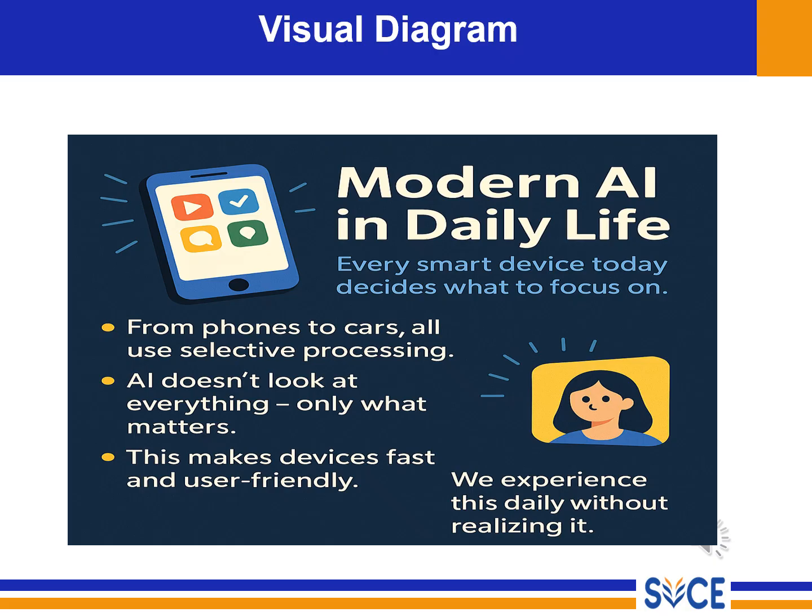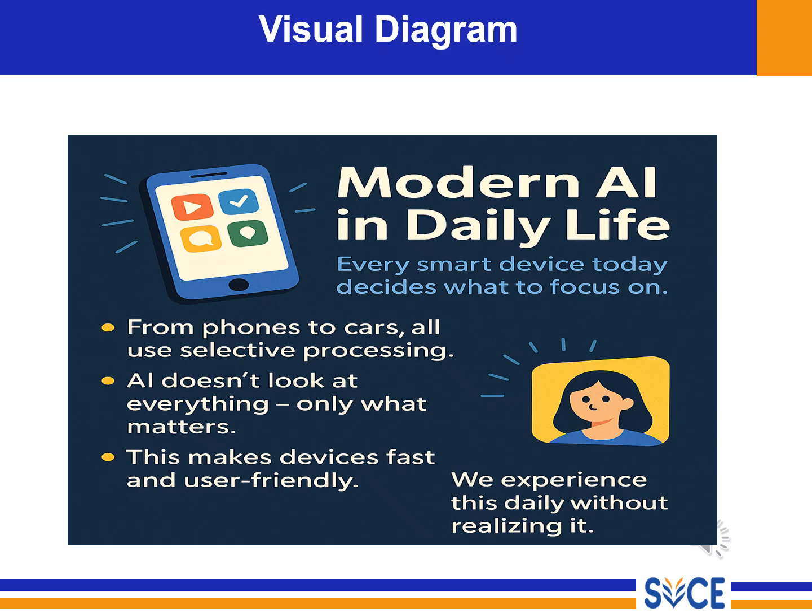So the AI focuses only on what matters, which means the attention concept. Let me start with something very simple from your daily life. Imagine you are in a crowded room, but you are still able to focus on one person speaking.